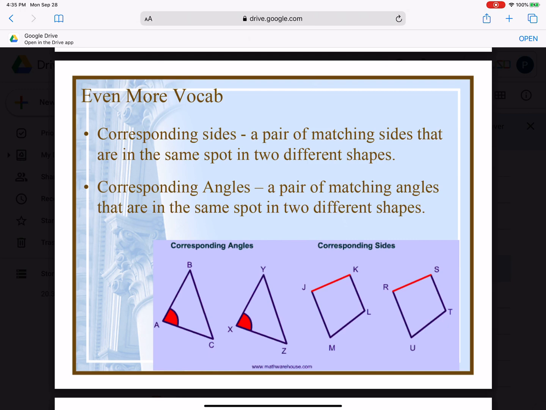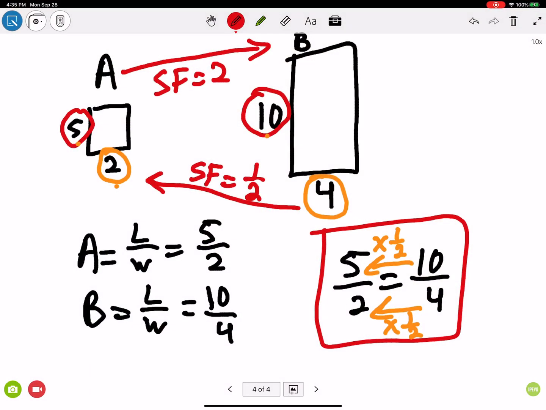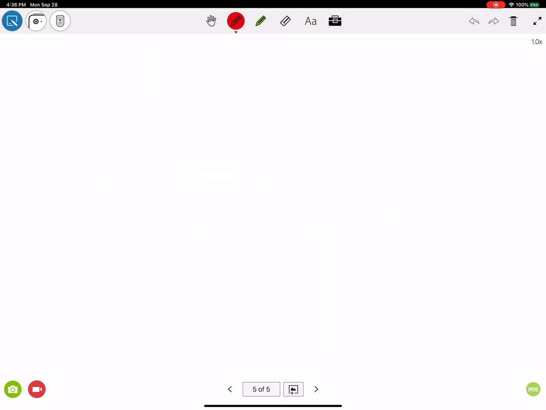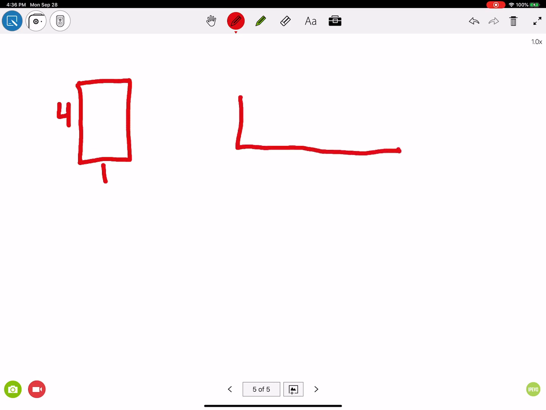So, let's go with this. Let's say this is 4, and this is 1. And then in this rectangle, this is 3, and this is 12.